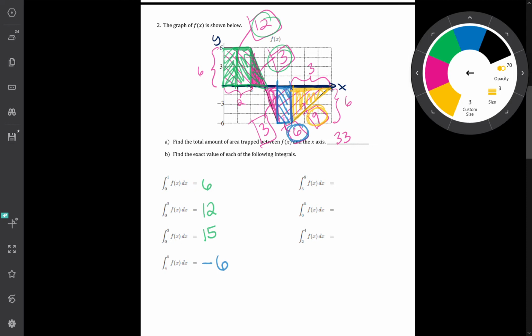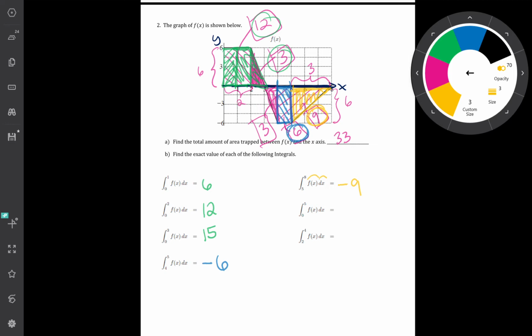Once again, since it's below the axis, we're taking an f of x multiplied by a dx. The dx's are positive, the f of x is negative, which means it is going to count that as negative. So again, area is not negative, but integrals can be. Integrals are sums and differences of areas, so subtract areas below the axis.